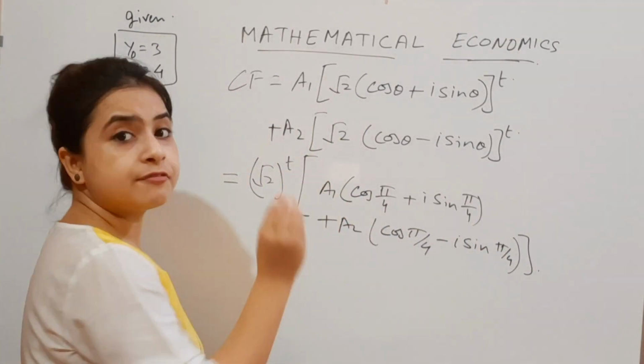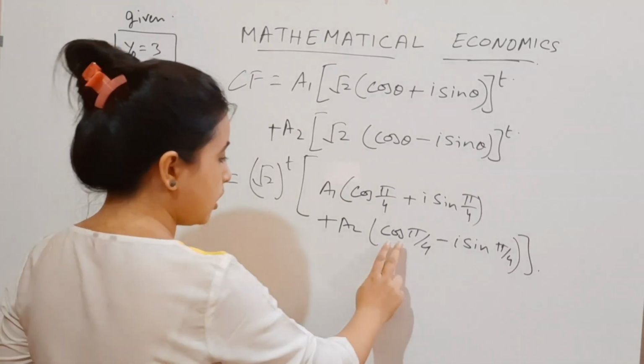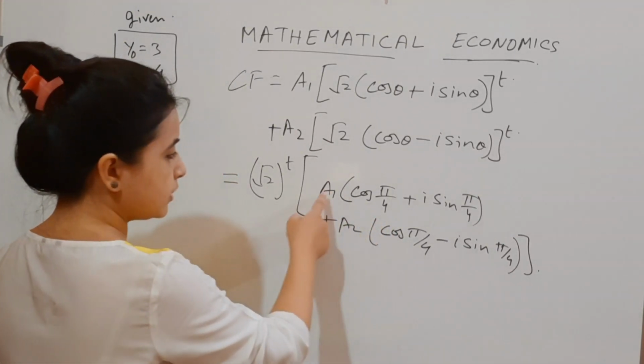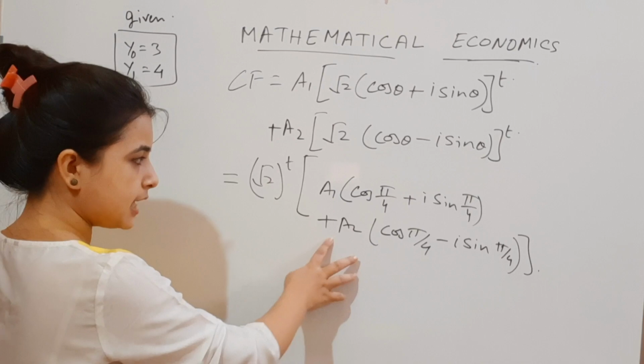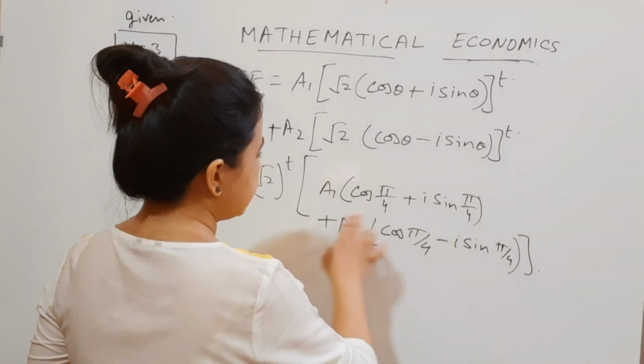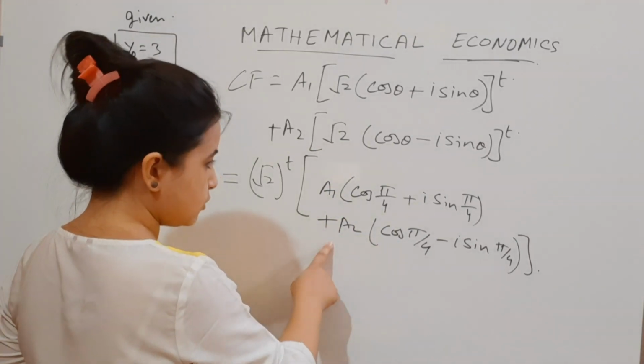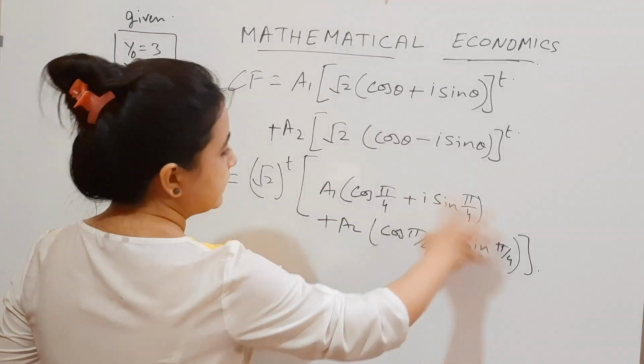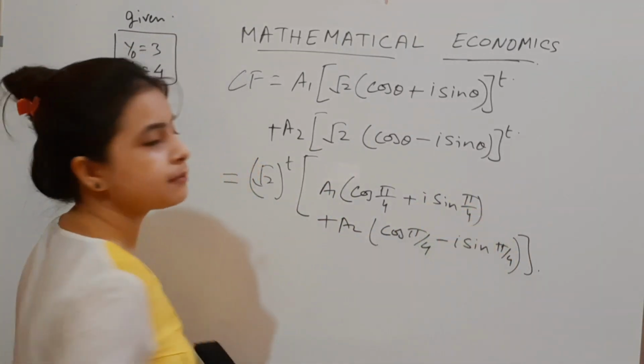Here we can take a few things common. That means see, cos pi by 4, cos pi by 4. So we can represent this as A1 plus A2 into cos pi by 4. Similarly, we can take A1 minus A2, and that will be multiplied by i sin pi by 4.